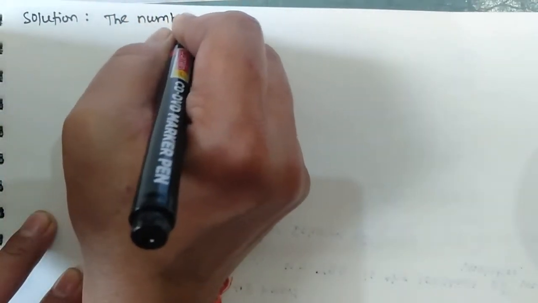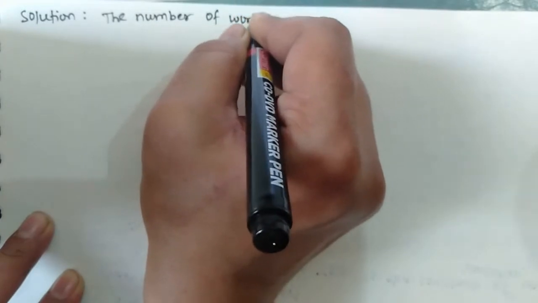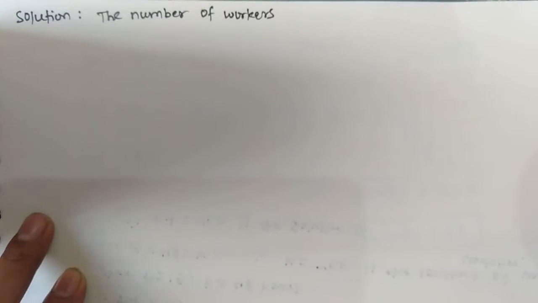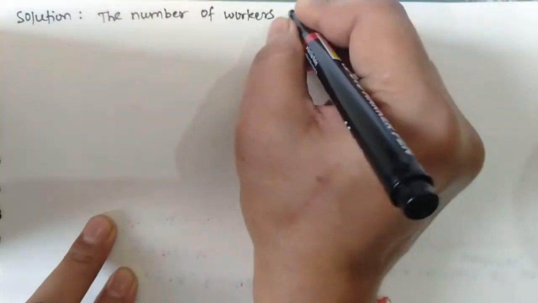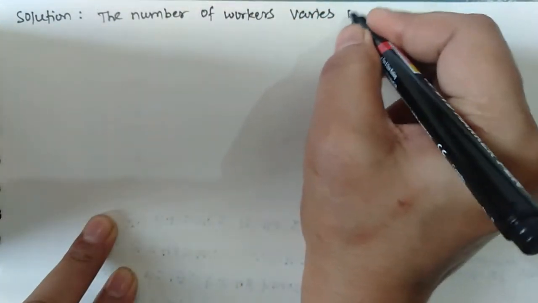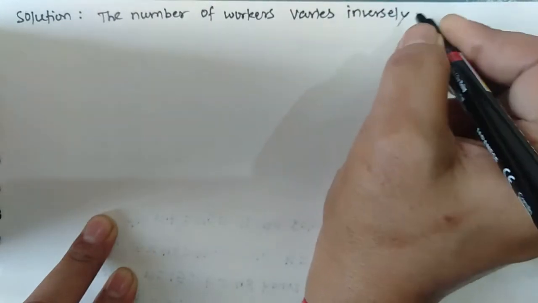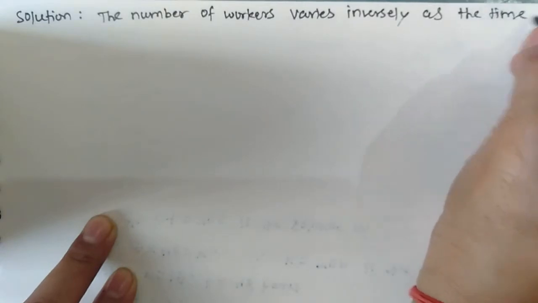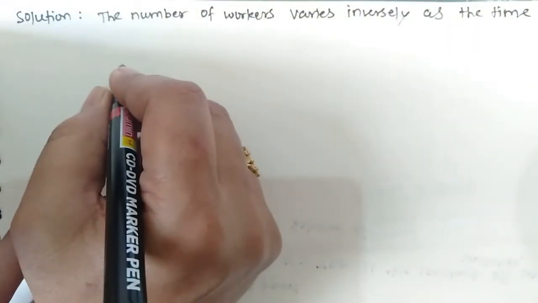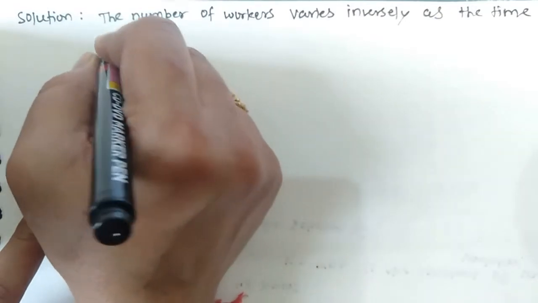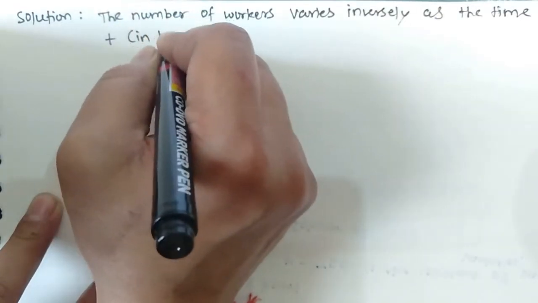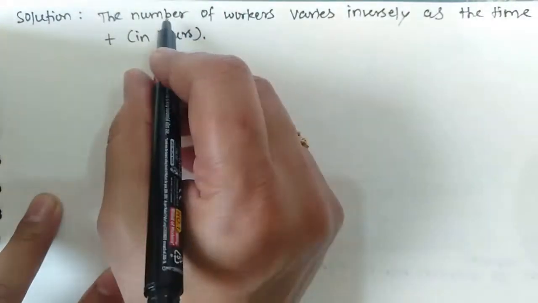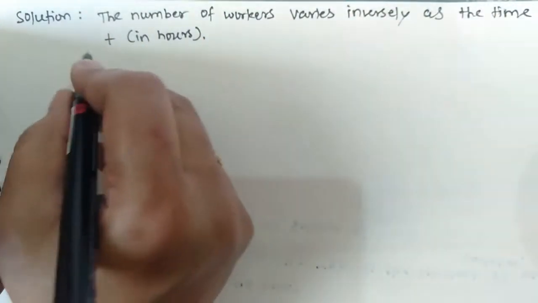The number of workers varies inversely as the time T in hours. Firstly we assume letters for these both quantities.